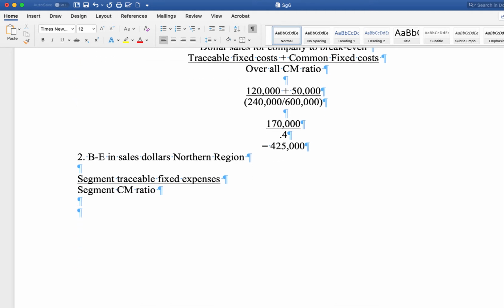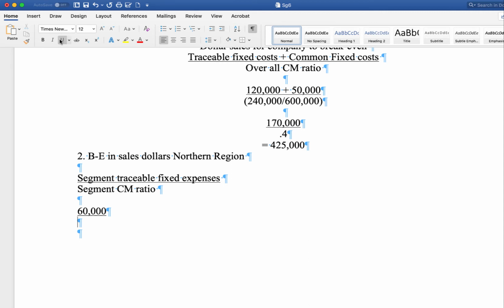That's no problem. What is my segment traceable fixed cost for the northern region? Well, traceable fixed costs are $60,000. I then need to divide that by the CM ratio.